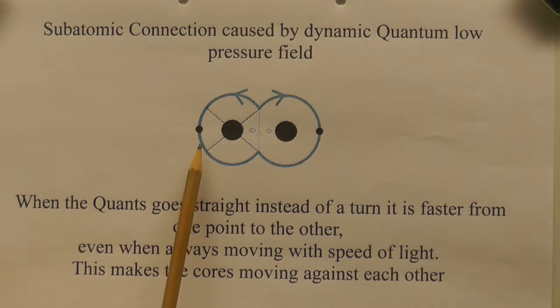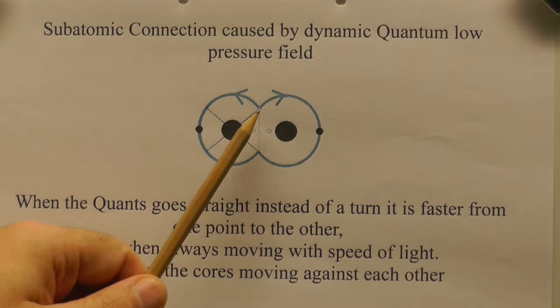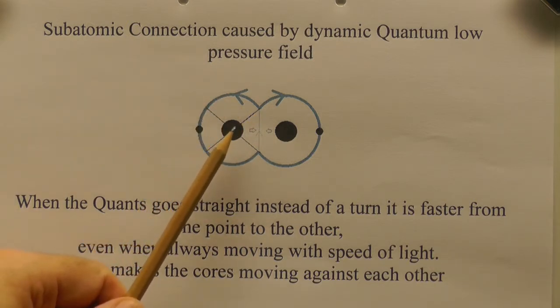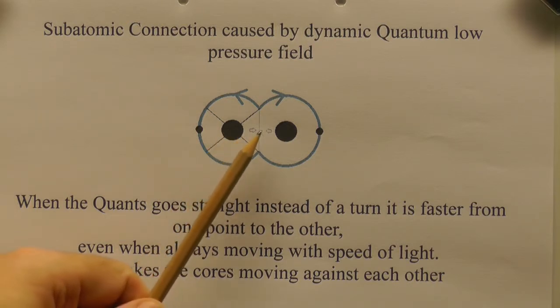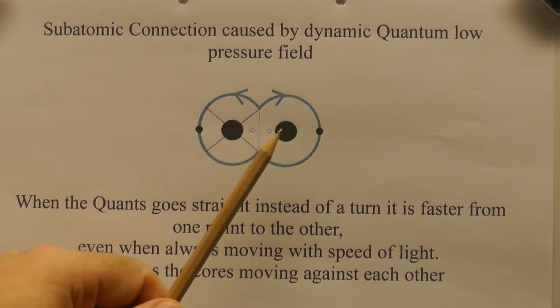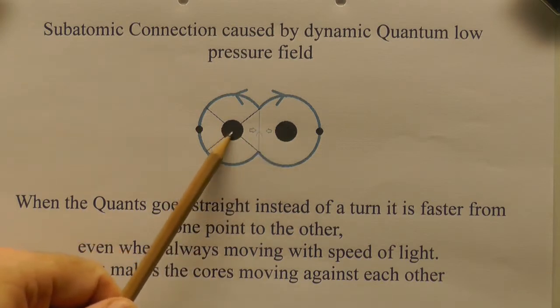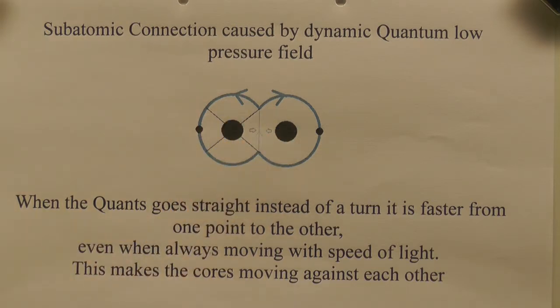This is more distance than here, so it is effectively slower, even if it moves with the speed of light. Faster here, slower here, so the core is caused to move in the faster direction. Faster direction for boost means they get closer to each other, so they are connected. This is subatomic connection caused by movement.